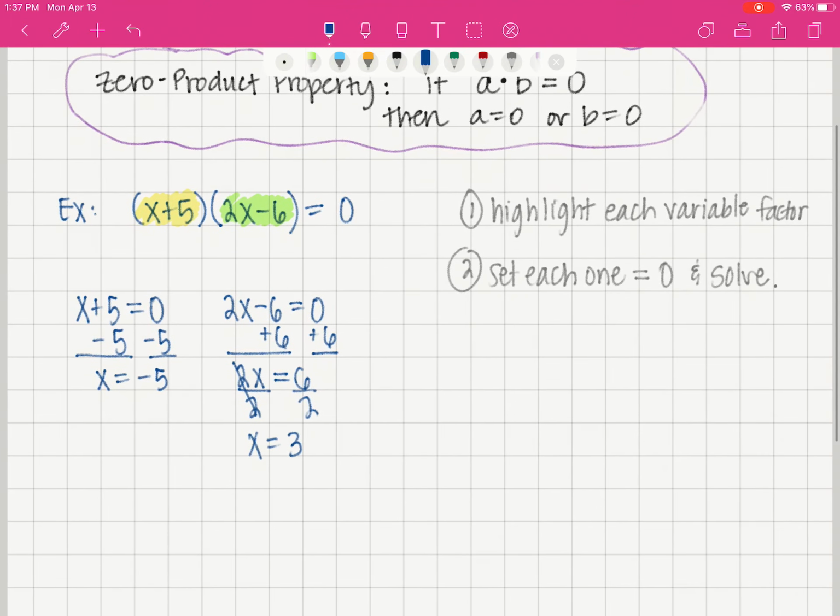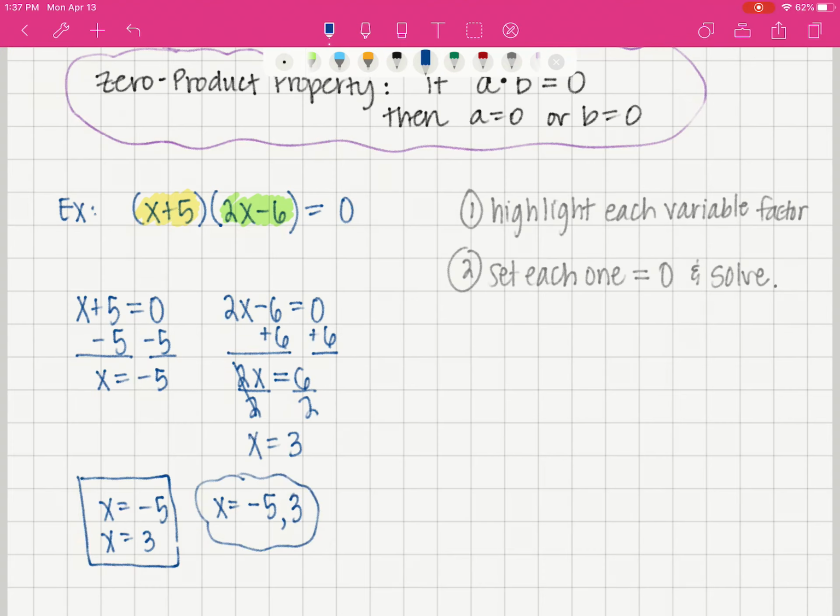So we get two answers: x equals negative 5, and x equals 3. That's one way to write our solution. Another way to write our solution is x equals negative 5, comma 3. And a third way that you might see the solution is just the set of numbers, using braces to show a set of numbers, negative 5 and 3, as our solutions.